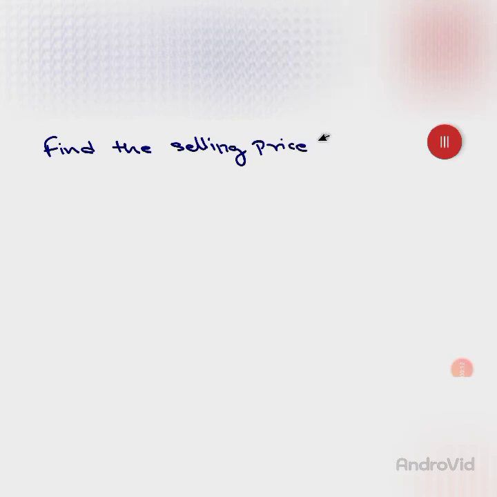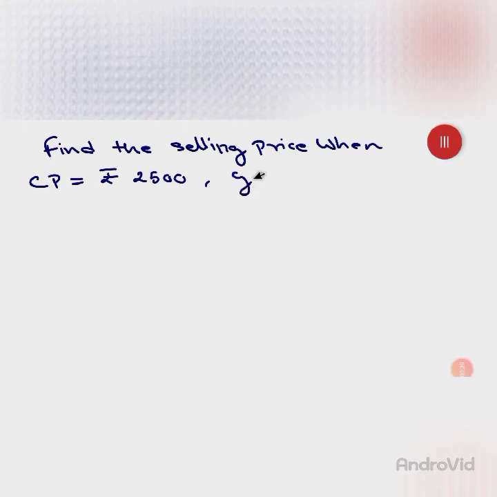Now let's learn how to apply those formulas. Find the selling price when cost price is rupees 2500 and gain is 1 1/2%.